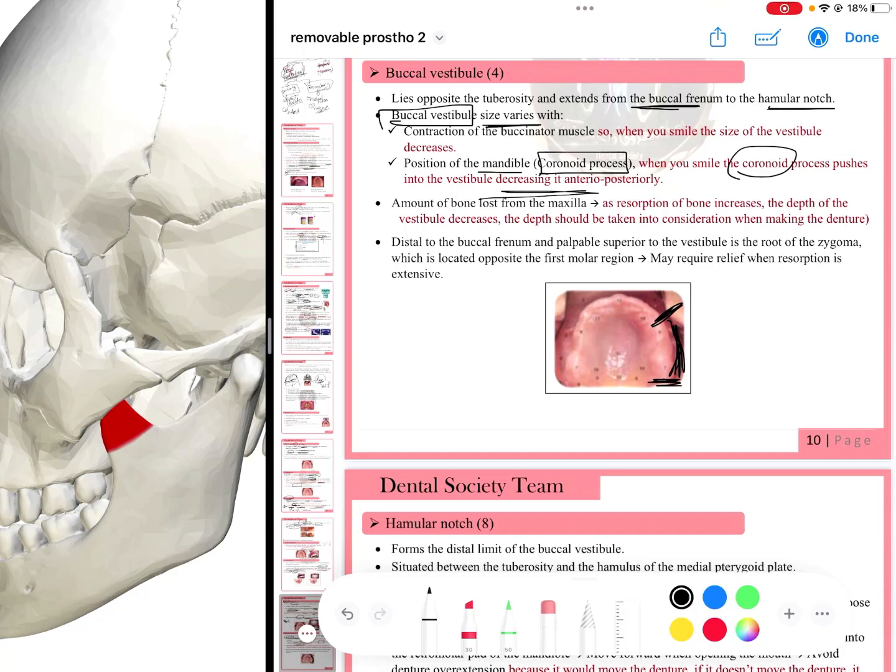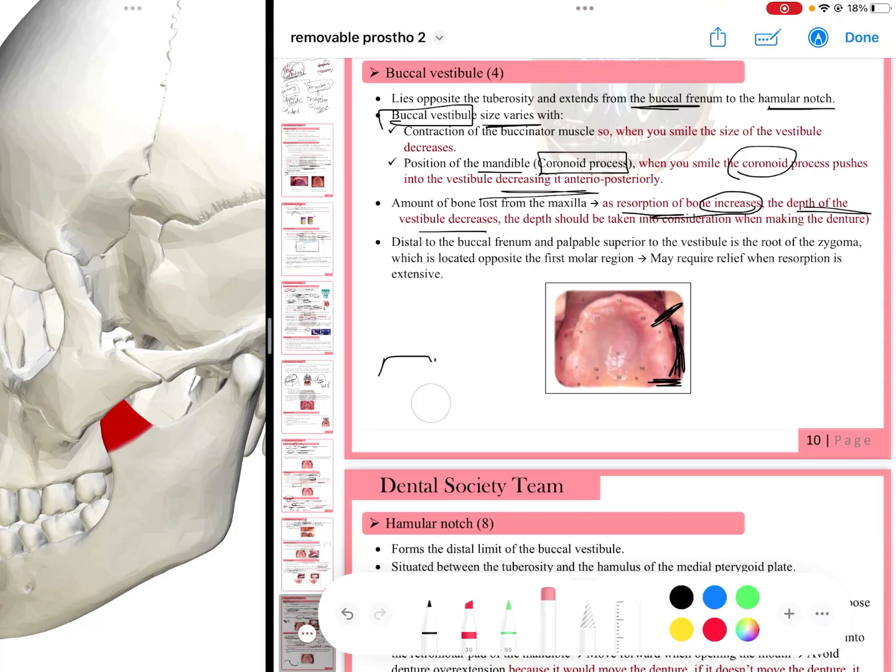So we have the buccinator muscles and the coronoid process. Also, the bone loss from the maxilla: as the resorption of the bone increases, the depth of the vestibule decreases. For example, this is the ridge and this is the vestibule. Now if the resorption increases, look, the depth of the vestibule will decrease, right?